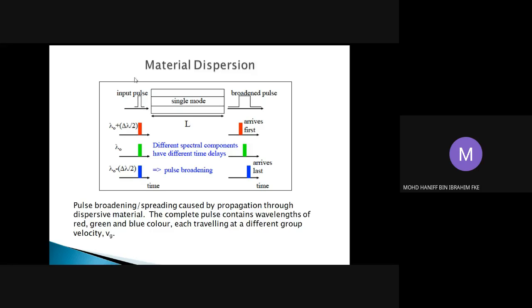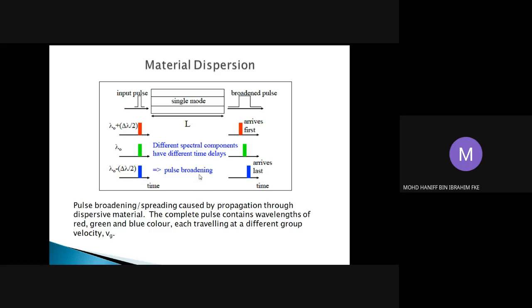Okay. So once it enters the single mode fiber, from what we have discussed before on the principle of light, since you have different wavelengths, different wavelengths will induce different group velocities. Yeah, so we have learned this.